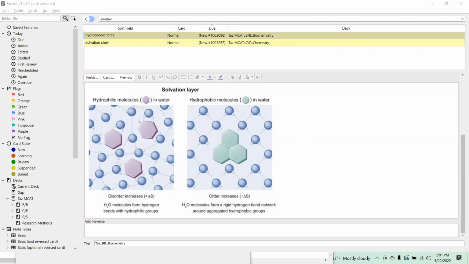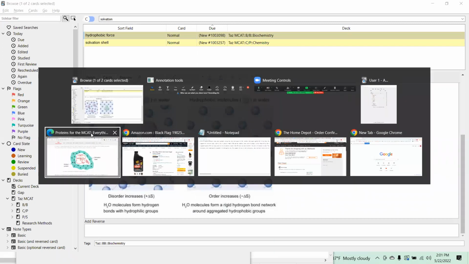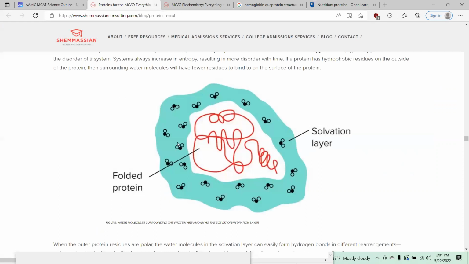In this case, they're showing separate molecules, but basically the idea is the same for this. The water molecules can move around on the surface of the protein as much as they want, unlike if they were hydrophobic. If it was hydrophobic, then they wouldn't have the freedom to move around. They would just be stuck there, forming a solvation shell, isolating the hydrophobic proteins.